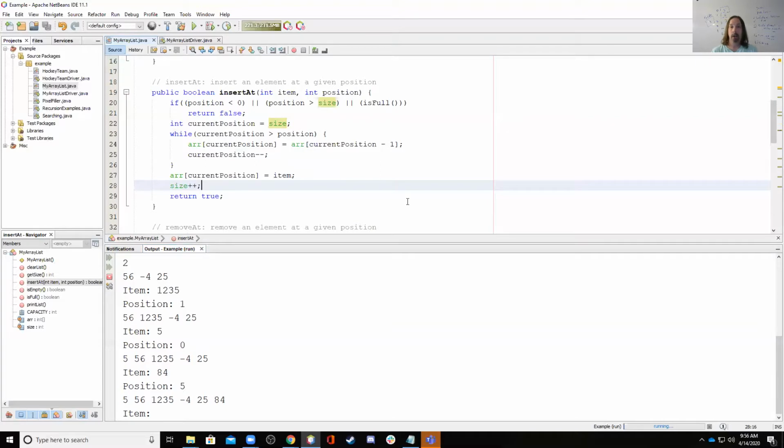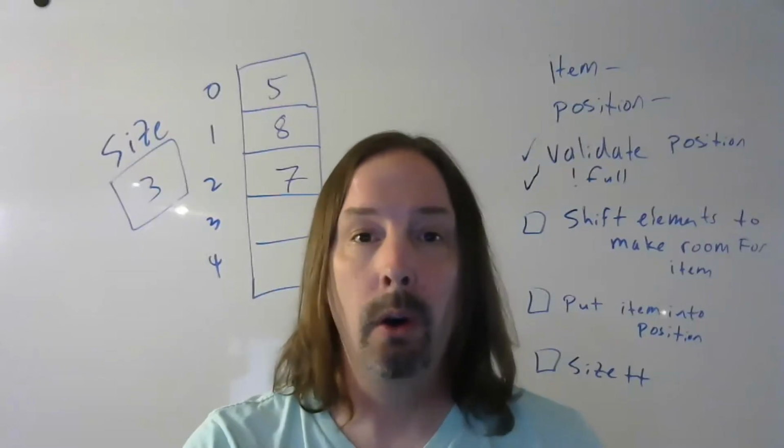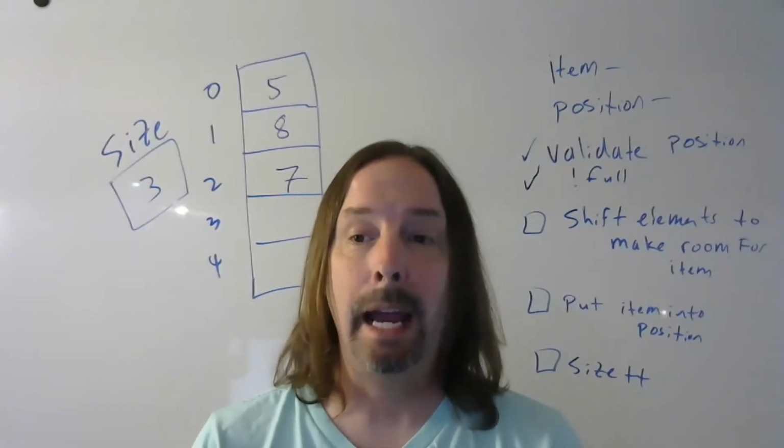But that's the insert at, and it's a very, very important algorithm to know, because if you know how to insert at a valid position into an array-based list, then you understand a lot of fundamental items about data structures, how to keep a data structure correct. Let me stop my share so I can talk. So how to keep a data structure intact, right?